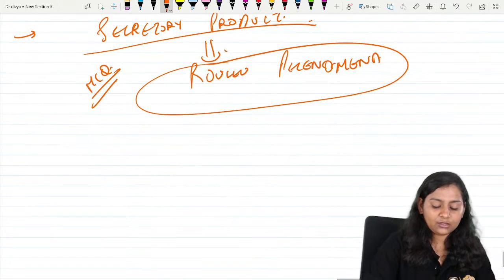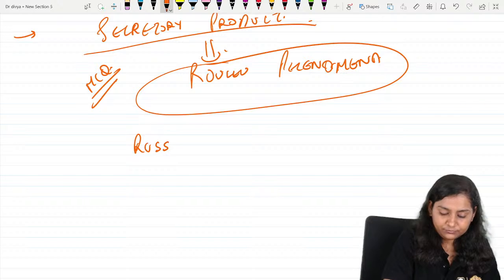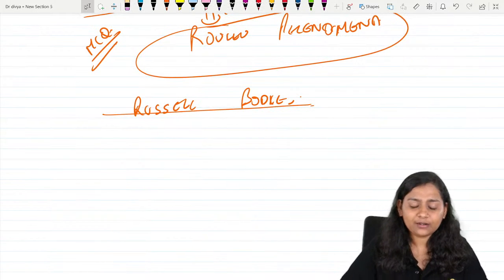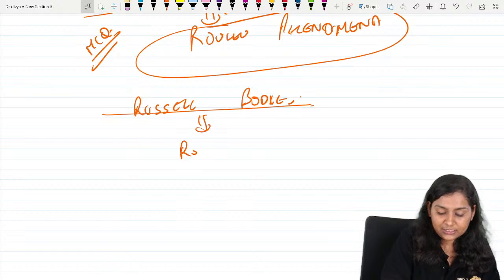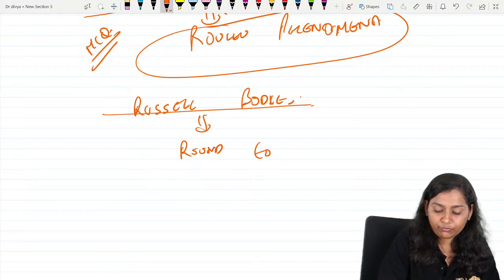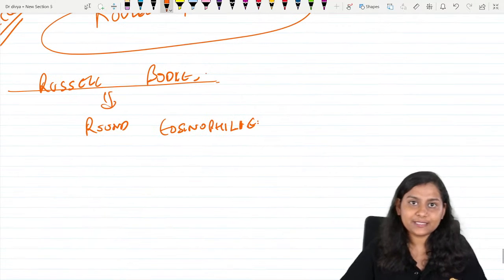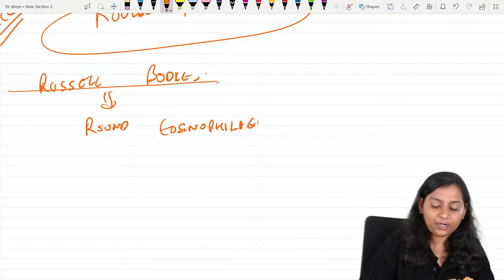Now, coming to the Russell body. These are also eosinophilic, but these are round cells. Round eosinophilic, and here the nucleus is present in the eccentric part of the cell.